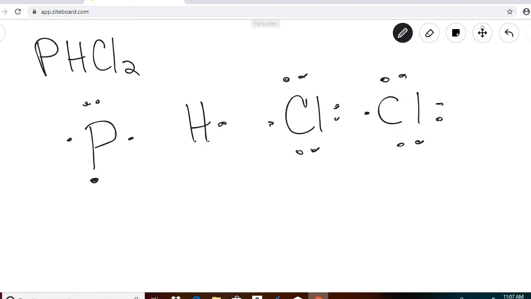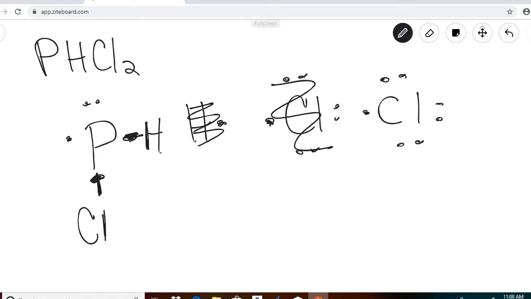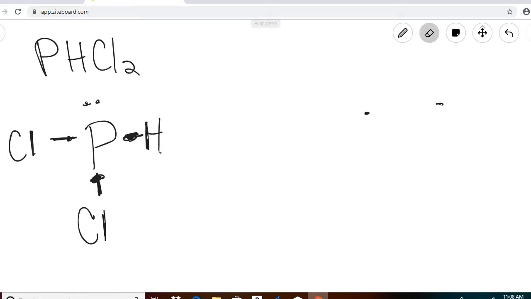Again, the phosphorus has 3 electrons that are not paired with anything, and the remaining atoms also each have an unpaired electron, so we can just pair those up. One would be a hydrogen here, so we can get rid of that. Take this chlorine, and this can share. So we'll have those share and put a chlorine there. That gets rid of that one. Then we'll pair up this one and this one to make a bond, and we have the chlorine there. So that's our Lewis structure for this compound.